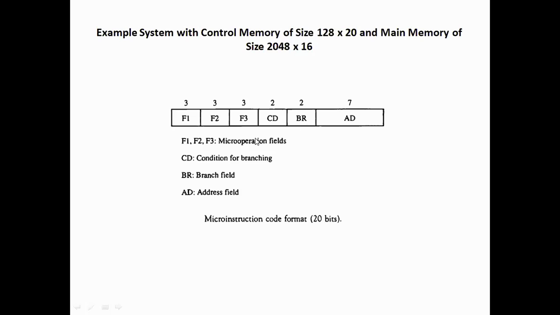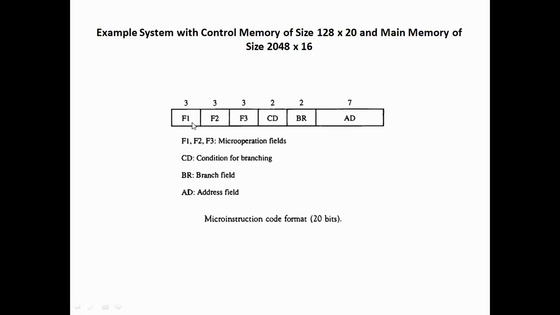And since this function is of 3 bits, it should represent 8 micro operations, but in actual it represents only 7, because 3 bits 0 0 0 means no operation, right?